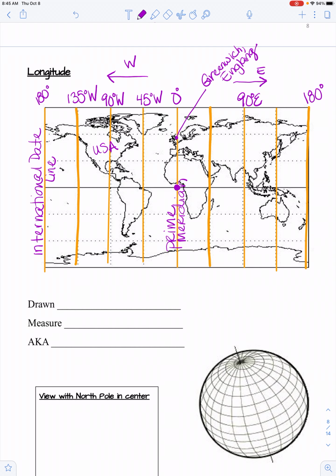So these lines run north to south, but we measure them west and east.